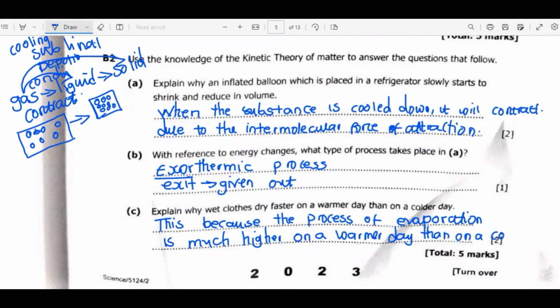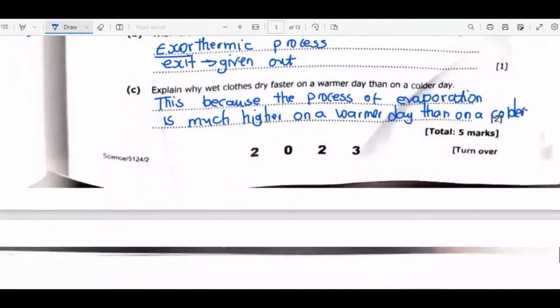The drying of a substance has to do with the process of evaporation. So we just want the process of evaporation to be at a fast rate.